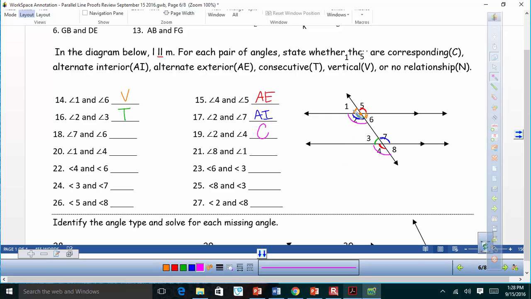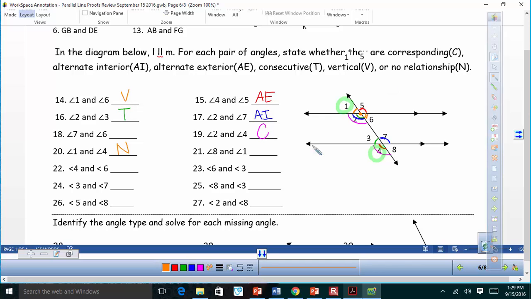Okay? And then what about 1 and 4? 1 is here. 4 is here. And so y'all said it's what? No relationship. Okay, there is one type of angle up here that is not listed, but I want you to know. Does anybody know what it is?